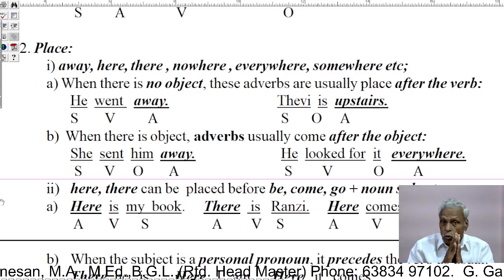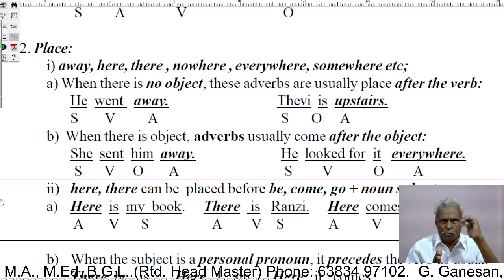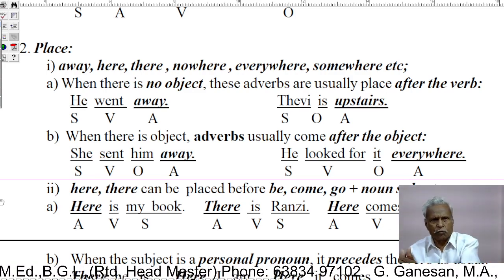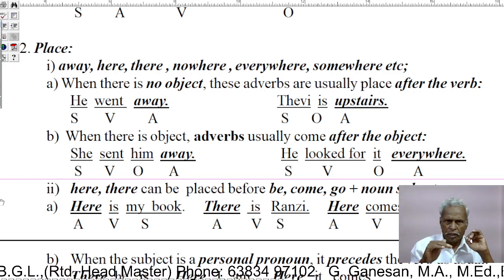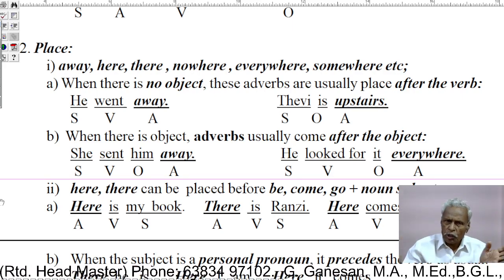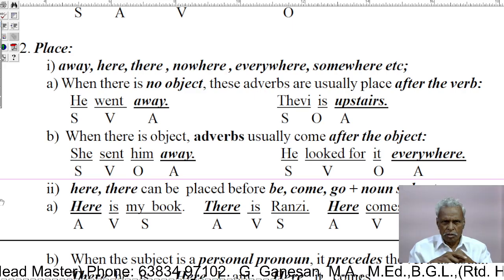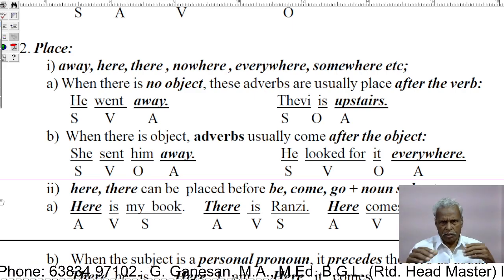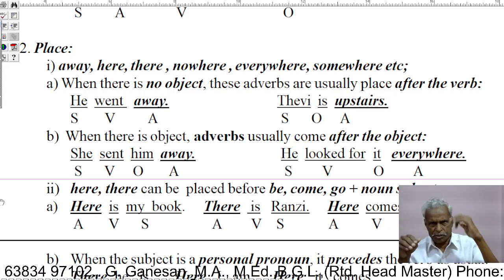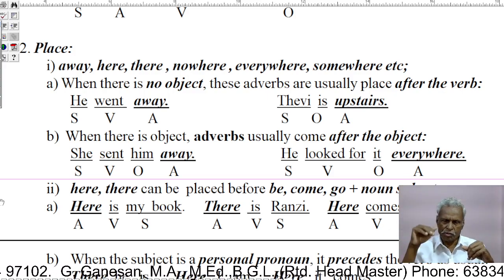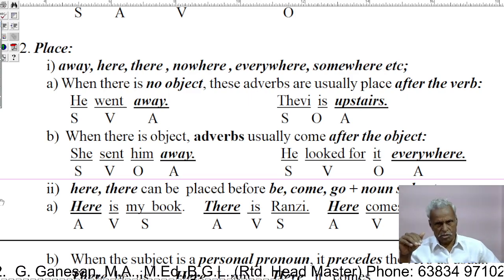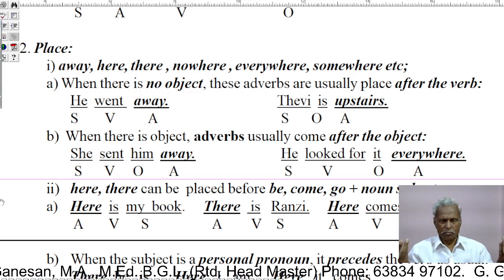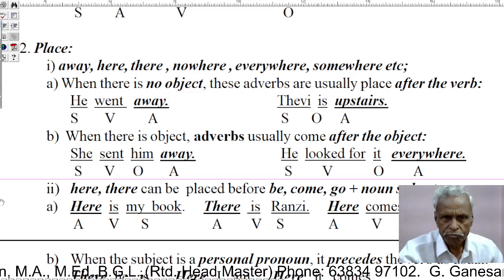Example: he went away. He came in. Devi is upstairs. Rani is downstairs. It comes after the verb.